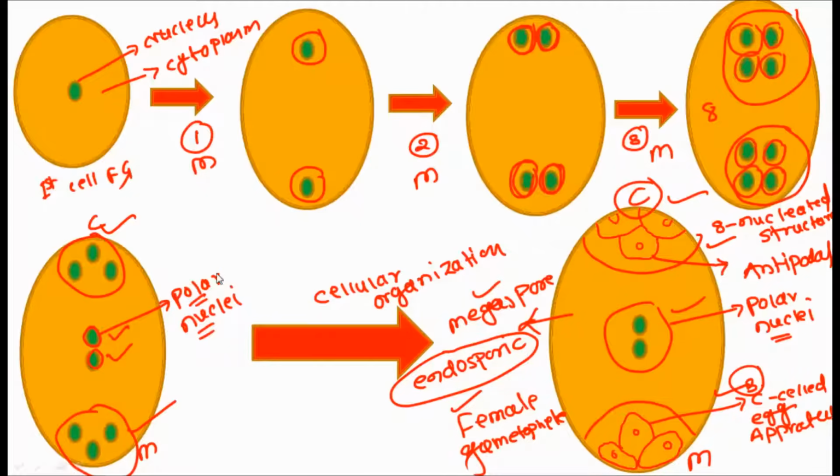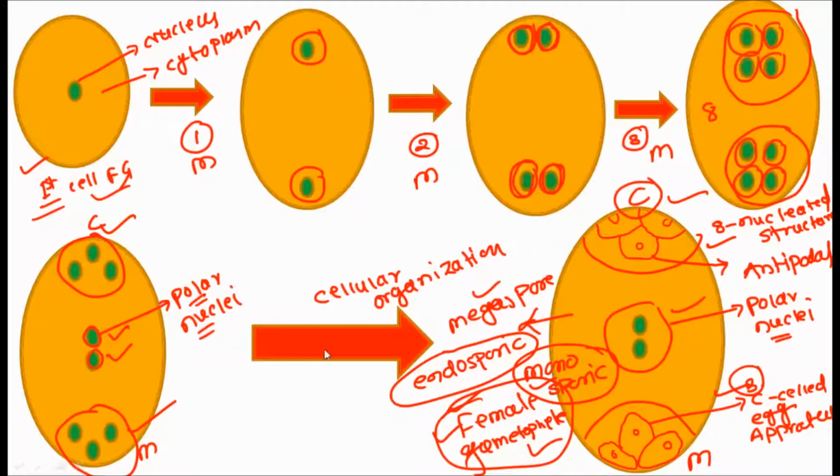And as we have observed, only one functional megaspore takes part in the formation of the total female gametophyte. That is why it is also called monosporic. You have to remember this: it is called monosporic because only one cell is converted into the female gametophyte.